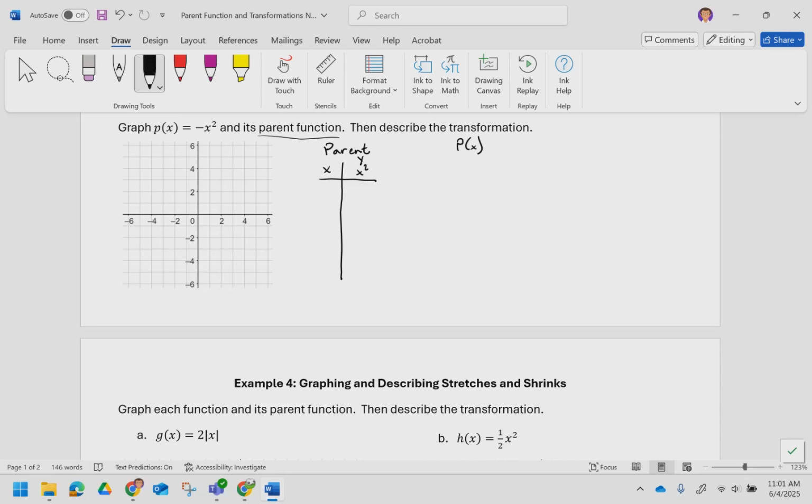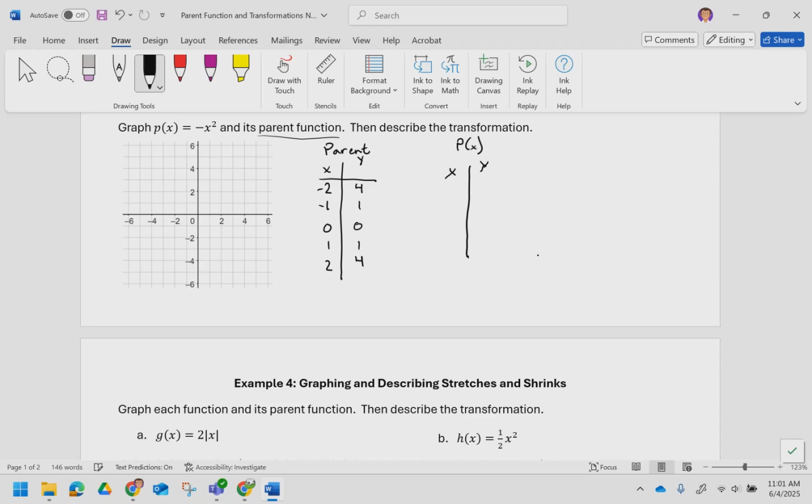That's what our y is equal to. So negative 2 squared is 4, negative 1 squared is 1, 0 squared is 0, and so on.